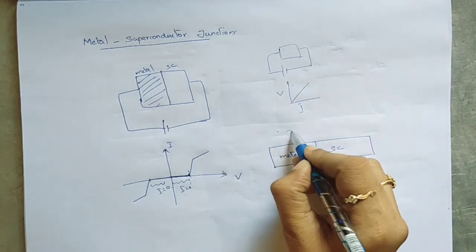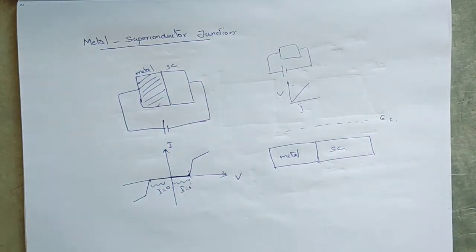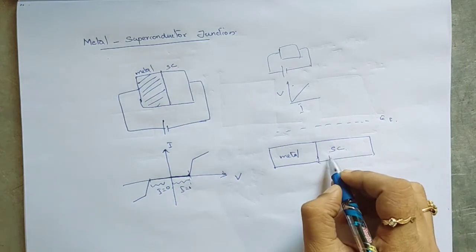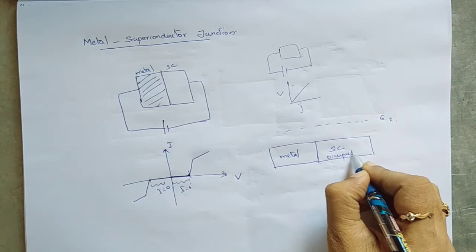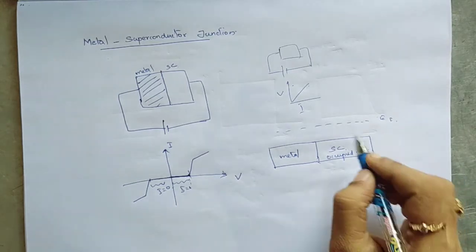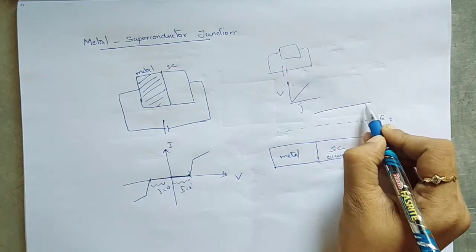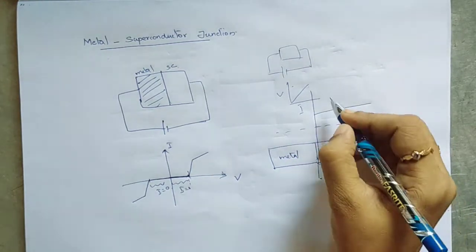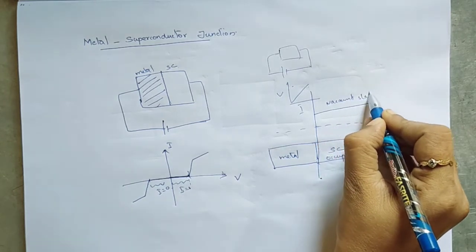Suppose this is the Fermi level. This is the metal. Here this is the occupied state. This is the interface. This is the vacant state.